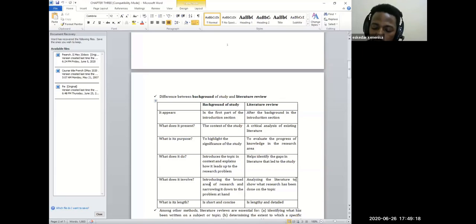Therefore, after identifying what is written and what is left, you correlate it with your work and compare it to your research questions, so that your research question is going to be an evidence-based, clearly articulated research question.